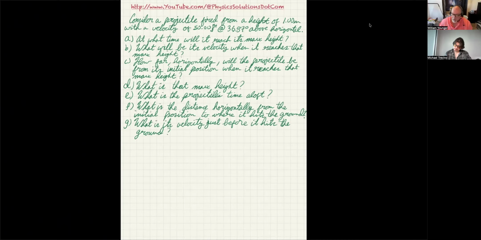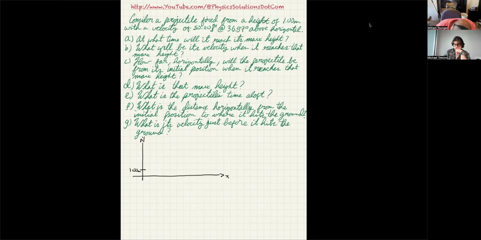Okay. So that's a typical projectile motion problem. What we're given here is a figure. I'm going to go ahead and draw a coordinate system to make it make a little bit of sense. So this is our x-axis. This is our y-axis. This is 1.00 meters.